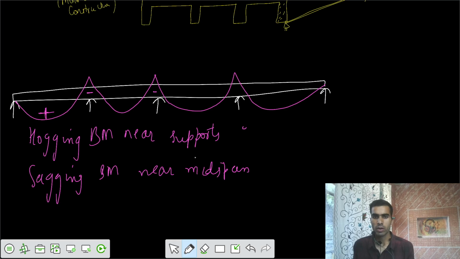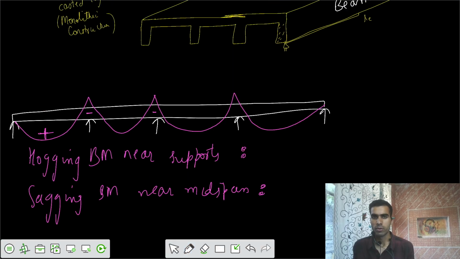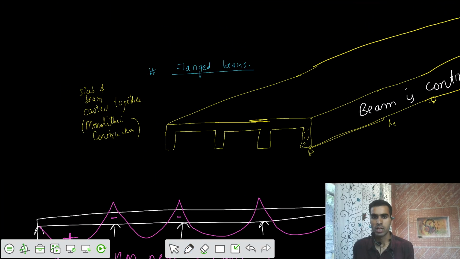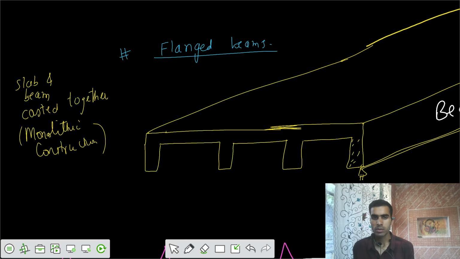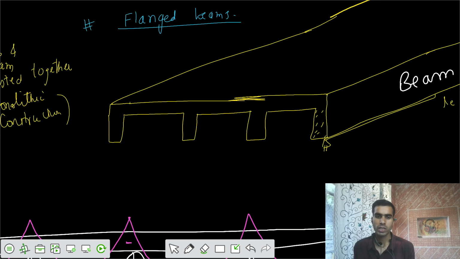Now we are going to see first the concept of an individual beam. Let's talk about this system, this monolithic construction. If this is the width of the web, we call this the web. The width of the actual beam, we call it the width of the web.